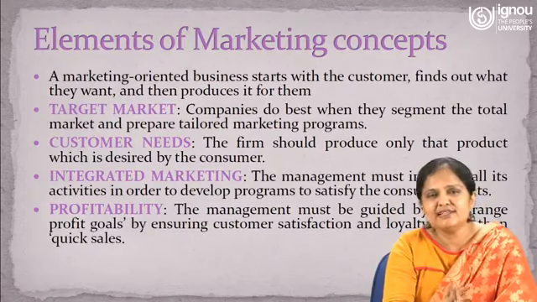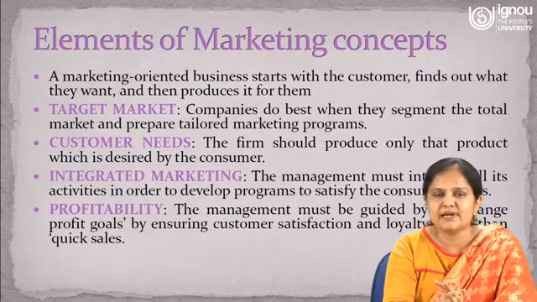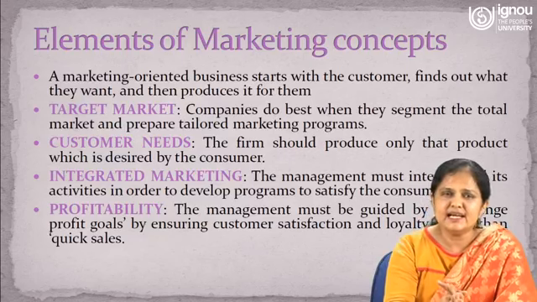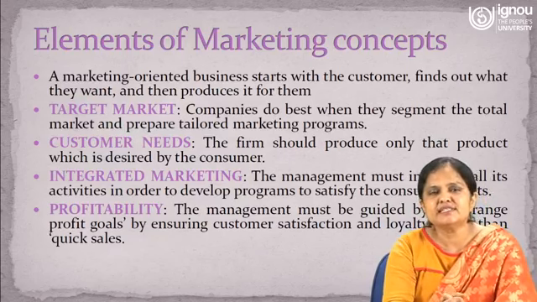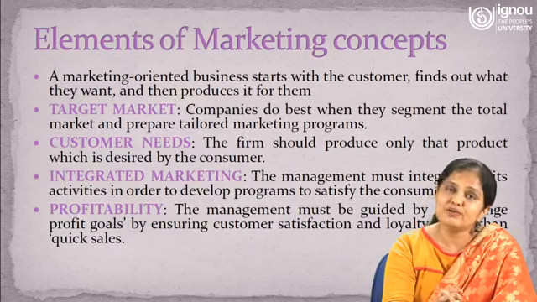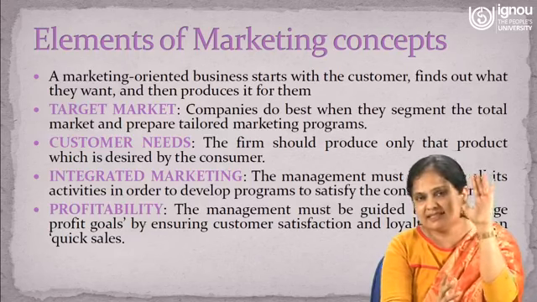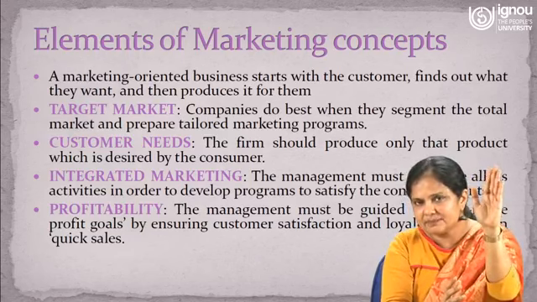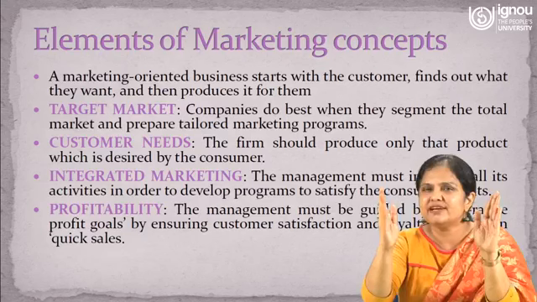So again, if we look at the elements of this approach, the marketing concept, I would say that a marketing-oriented business starts with the customers, finds out what they want and then produces it for them. And not only produces: they identify the target market, and then try to identify the needs of the customer.